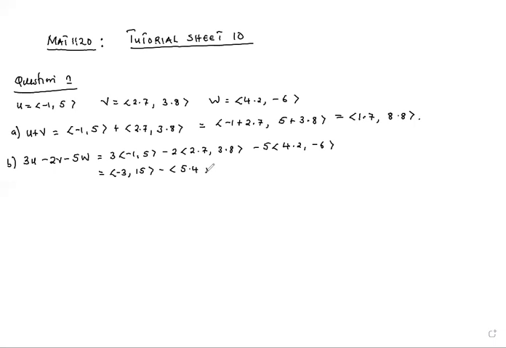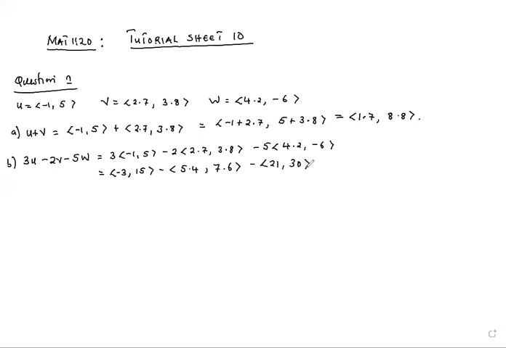And then 3.8 by 2, 7.6, minus 4.2 by 5, 21.